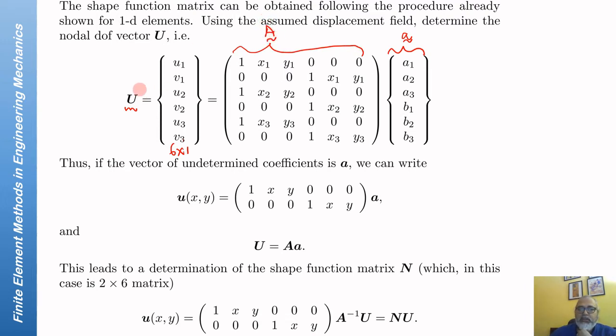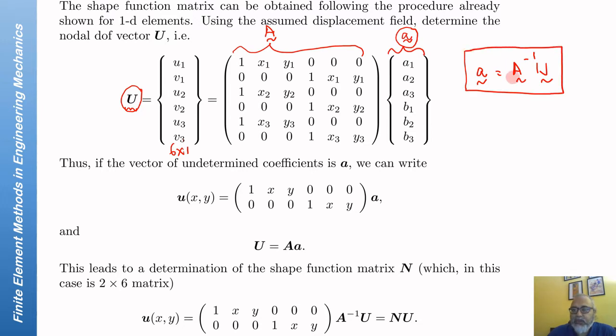So the vector of nodal degrees of freedom can be related to the vector of the unknown coefficients of my assumed displacement by this, provided again A is invertible.